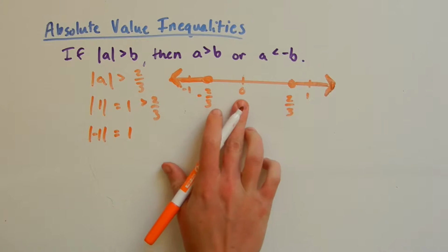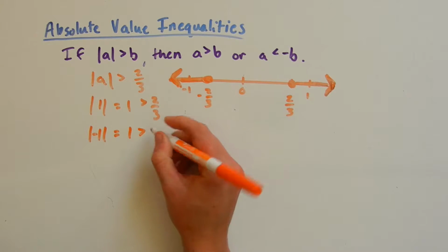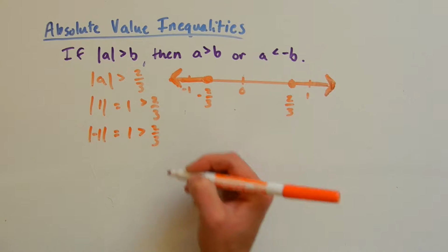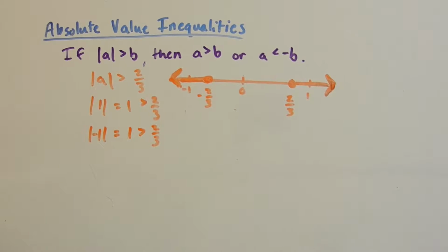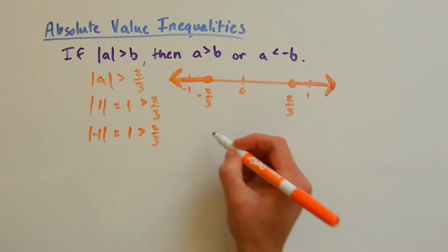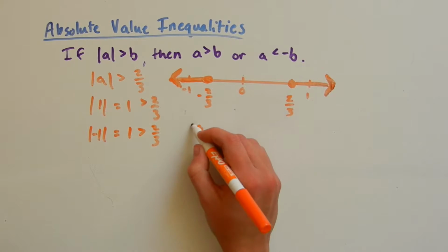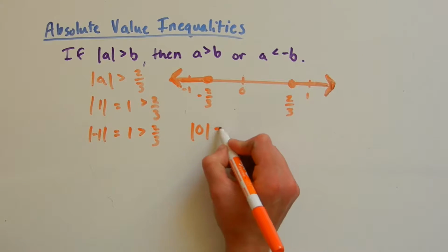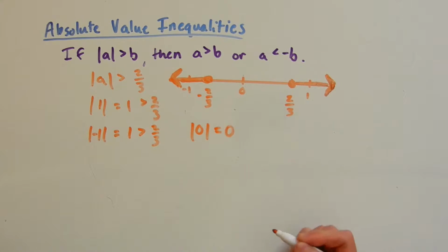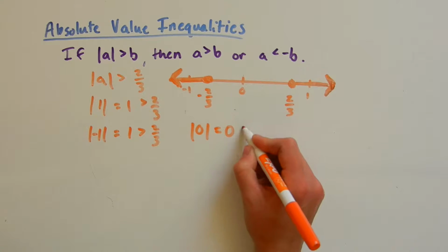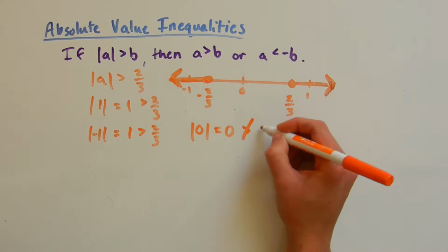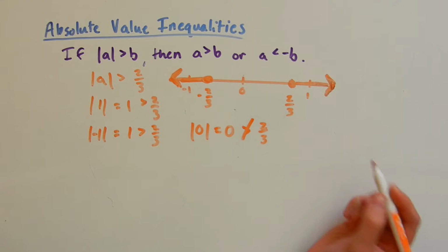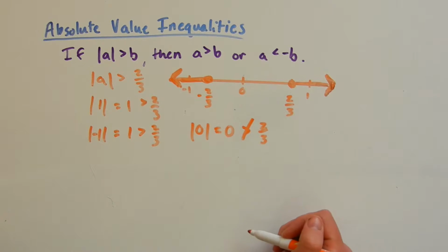Remember, because it's the distance from 0. And that, again, is greater than 2/3. Let's look at 0. The absolute value of 0 is 0. And 0 is not greater than 2/3. 0 is actually less than 2/3.